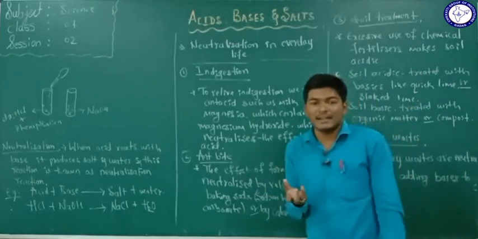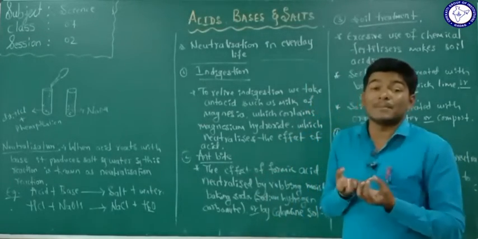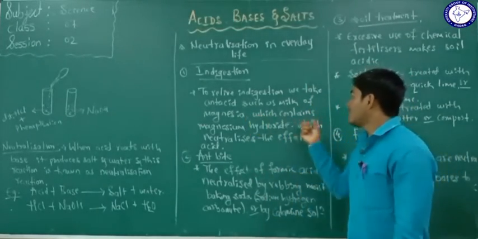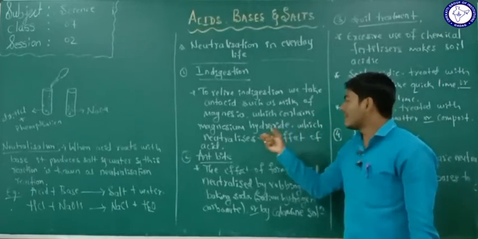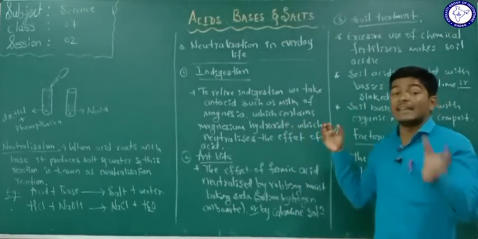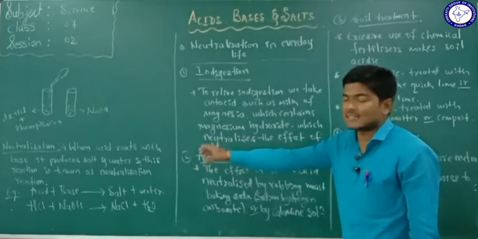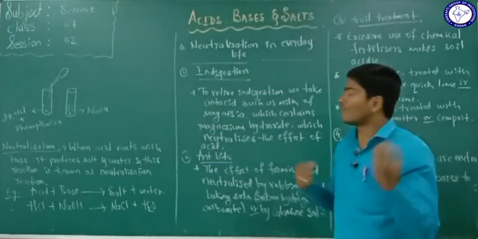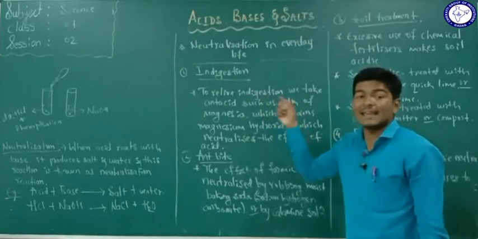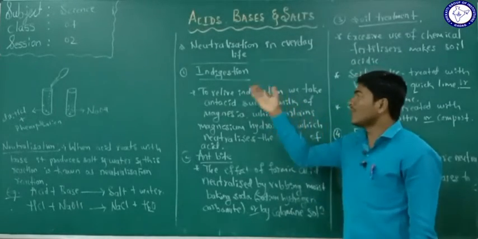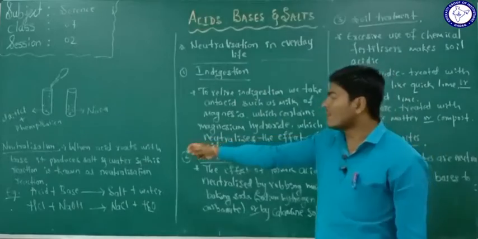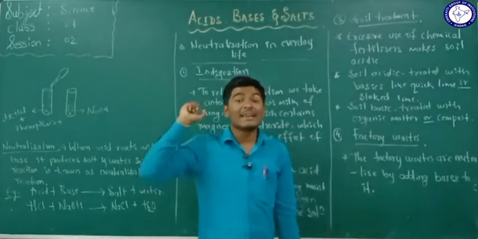When we feel acidity, we take some bases like milk of magnesia. It controls the effect of the acids, and we get relief from the stomach pain or indigestion pain, isn't it? So it is used in indigestion.